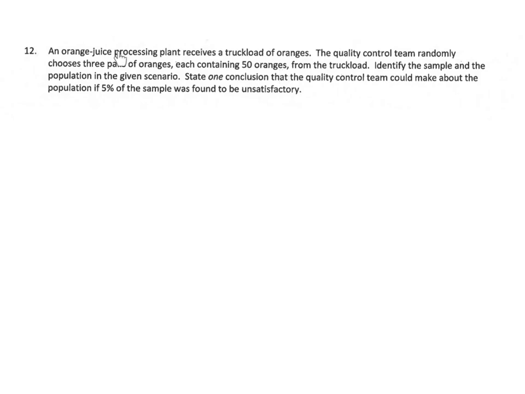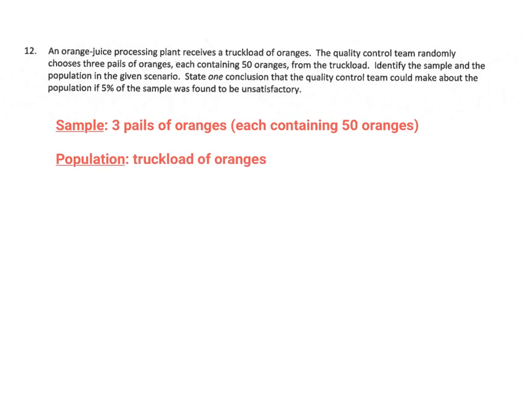That's the sample that they decided to look at in order to determine the quality of the oranges. So let me put that out here. The sample is the 3 pails of oranges that each contain 50 oranges. So altogether, the sample is 3 times 50, which is 150 oranges, whereas the population is the entire truckload of oranges.